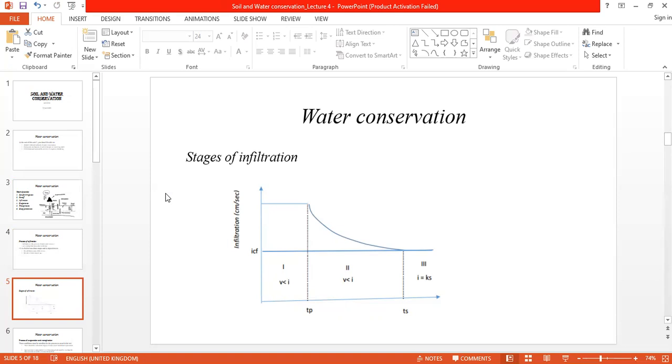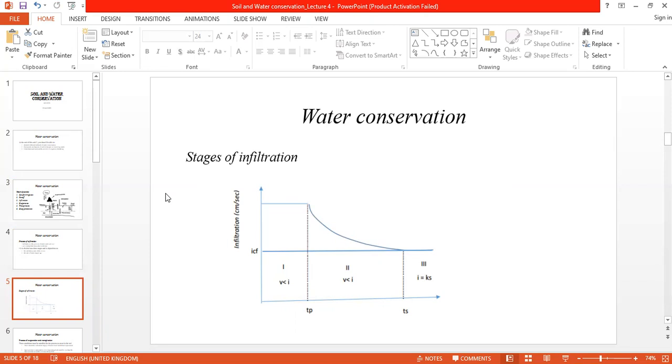So what we're saying is that a soil has what we call infiltration capacity, which is the maximum infiltration rate that a soil can take. But if the irrigation rate is lower than that infiltration capacity, it means that the rate at which water is entering the soil will be dependent on the supply.